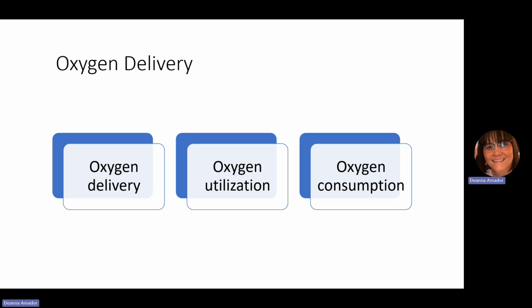And the way I think of this is the V, if you turn it on the side, it looks like a mouth, so it's consuming something. So this would be the relationship between the oxygen delivery to your body and how much oxygen is extracted by your tissues throughout your body. So we can talk more about that.